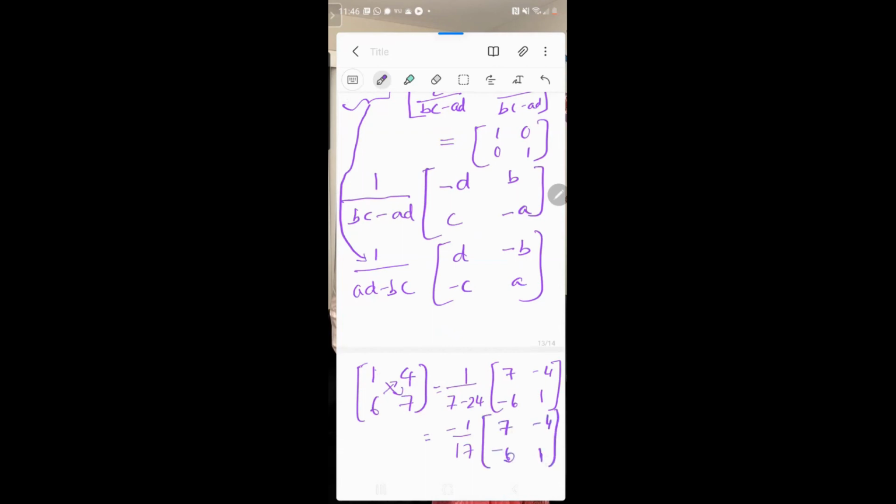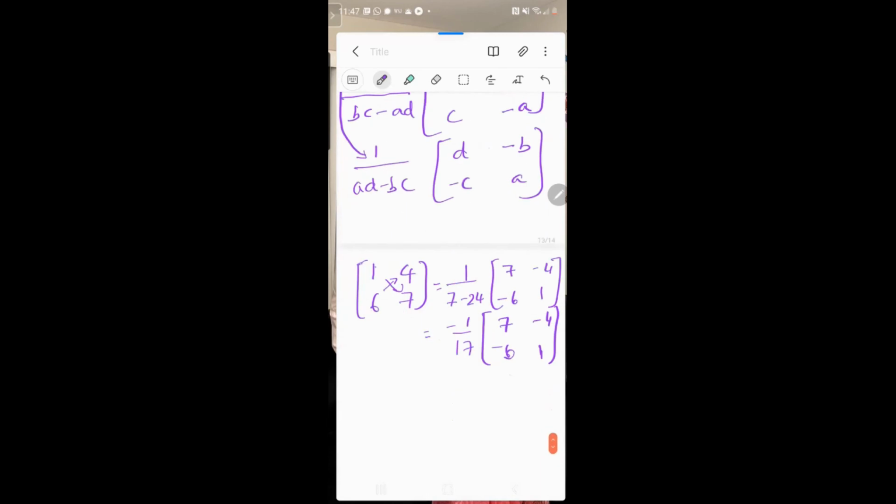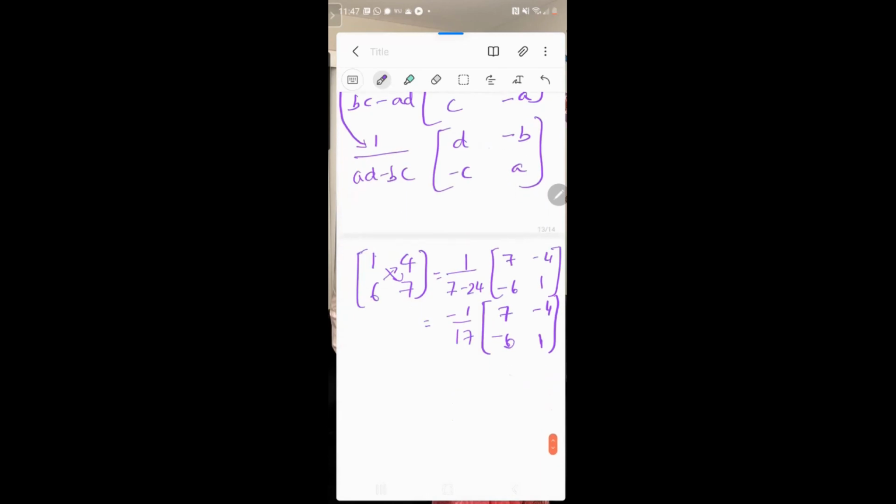This is what you probably would have learned somewhere, if you have already learned matrix inverses. But this is why it came there. My motivation was to show why, not just how to do it. Does this make sense?